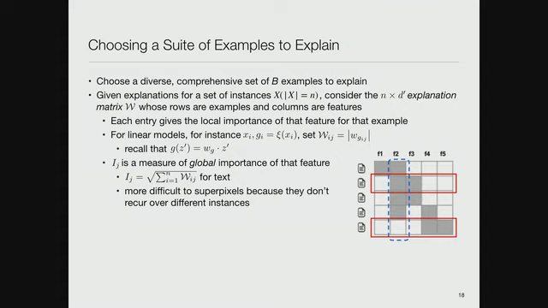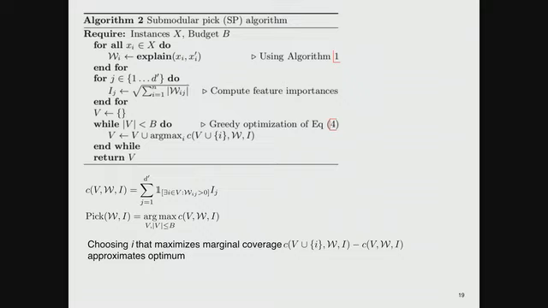And then it becomes a kind of set covering issue: find a set of models that gives me the best coverage of explanations across that set of features. And then with that, I can convince myself that the model is reasonable. So they have this thing called the submodular pick algorithm.